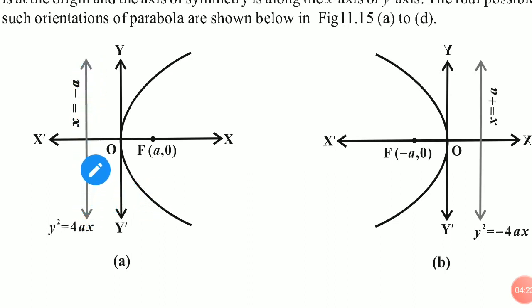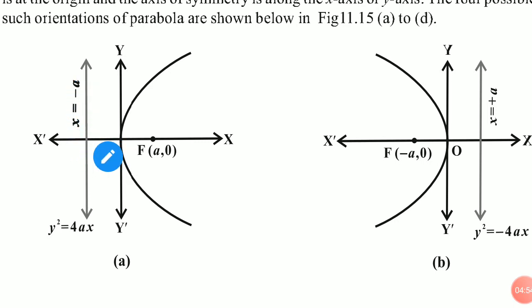The directrix is always at the same distance from the vertex as the focus is from the vertex. So OF is always equal to the distance from O to this point of the directrix. These distances are always equal. This is the negative x-axis, so the equation of this line will become x is equal to minus a.